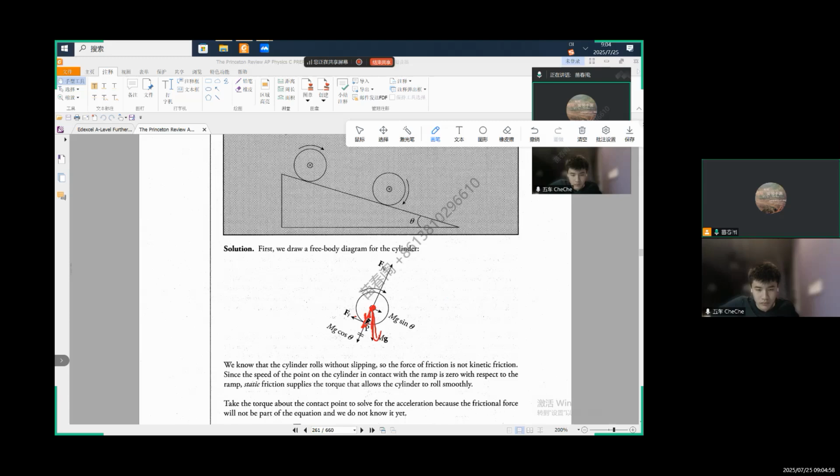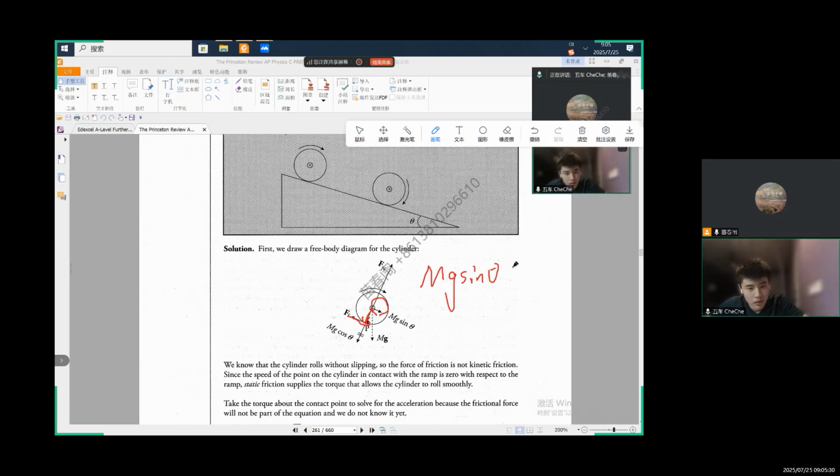You choose the pivot to try to make your equation easier. So we choose this P, or we can choose this one. We choose this P in the hope that this torque and also this torque are all zero. So the only torque I have to think about, the sigma torque, is the mg sine theta torque. Because all the other torques go through your pivot, they don't really have torque anymore. Does that make sense? Yeah, I get that part.